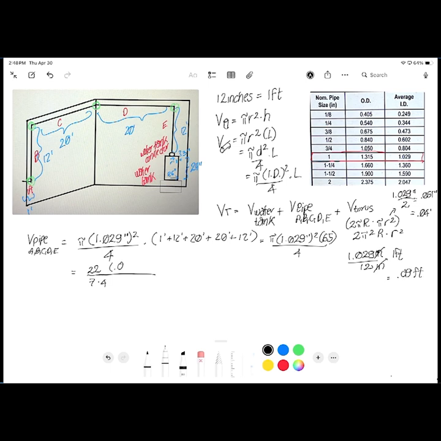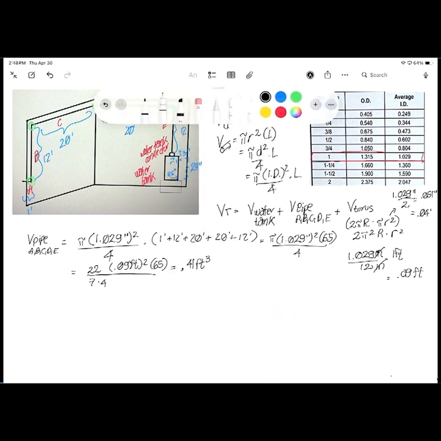So we have 0.09 feet squared times 65, and that's equal to 0.41 feet cubed.